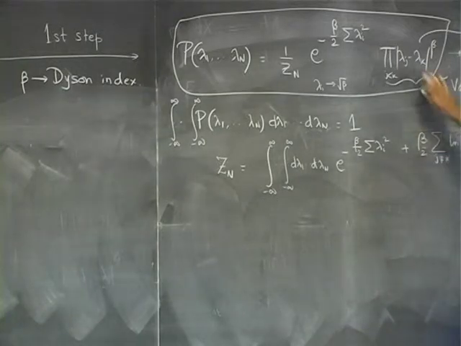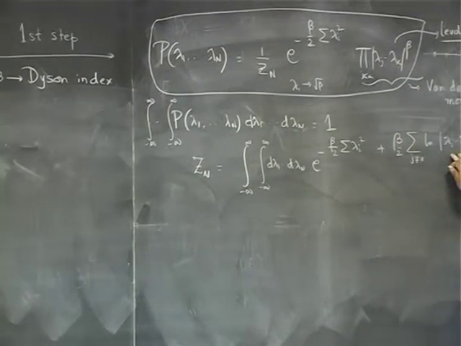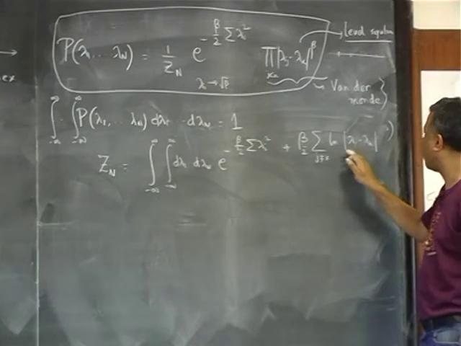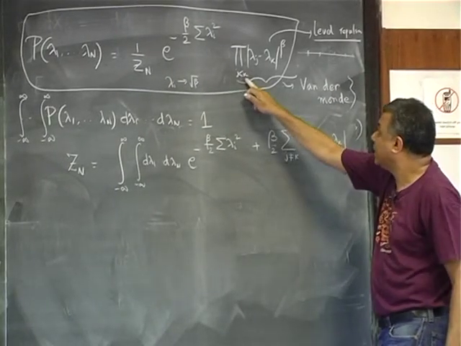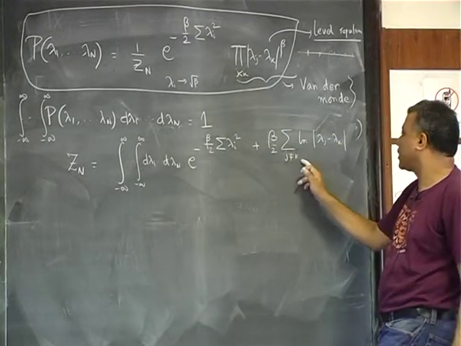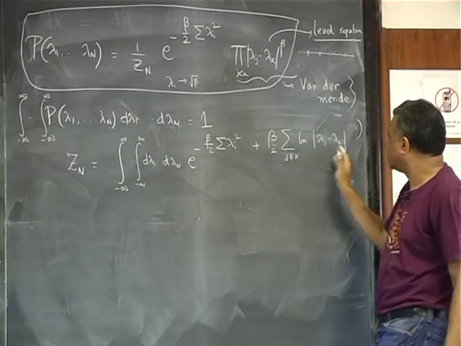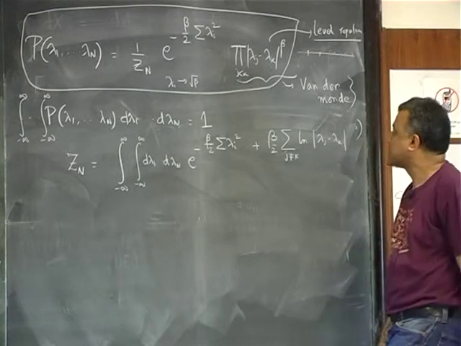So I can always write this term this way: beta by 2 summation of log of lambda j minus lambda k. This factor 2 comes because here it was j less than k, so I include j bigger than k and divide by 2. Then this has exactly this form.